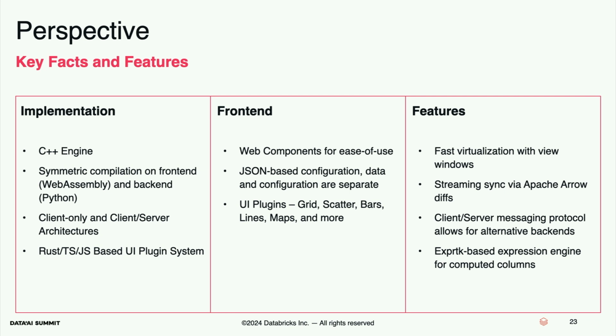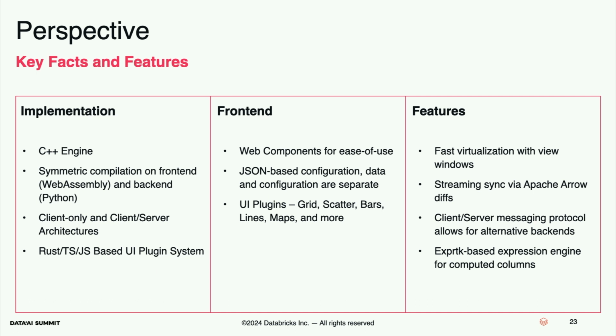Basically, whenever you're clicking around and pivoting the data in different ways, it's changing an underlying JSON config for every change you make. And you can then take that, save it, persist it, and restore it later if you want, potentially on a different machine. So we also have a bunch of built-in UI plugins, but you can also build your own. There's a plugin system. We have grids, scatters, bar charts, etc.